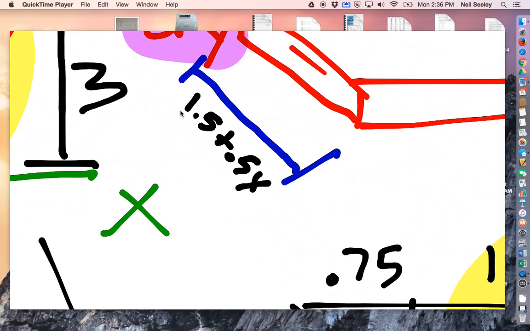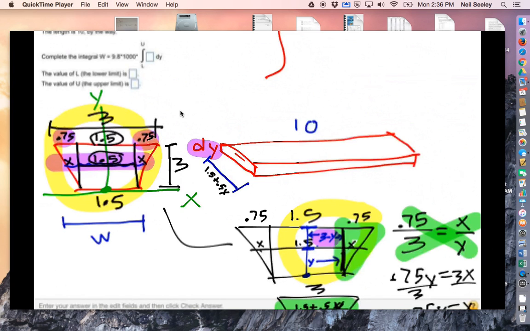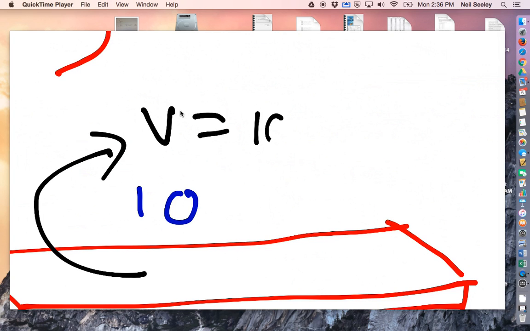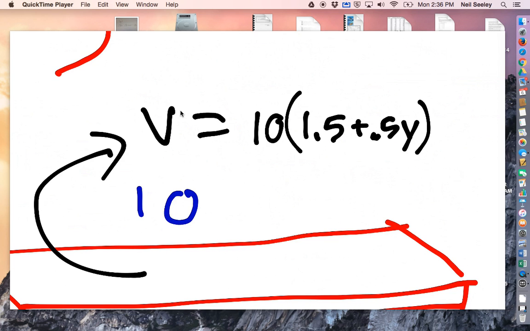Okay, that's what's going on in that thing. So the volume of one of those pieces, that's what I've been needing all along. The volume of this thing right here is length times width times height, which is 10 times (1.5 plus 0.5 y) dy.